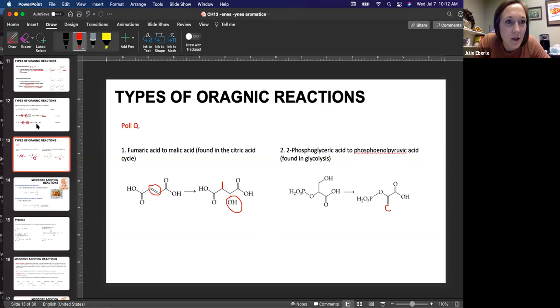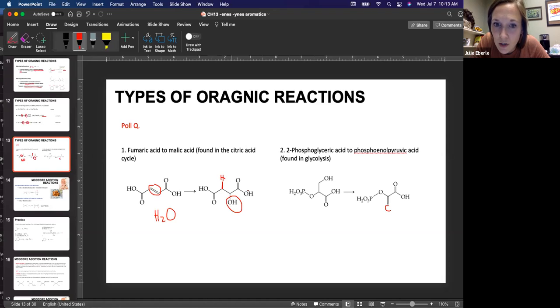Okay, so the most popular vote for number 1 is addition, and that's what's happening, okay? Water is being added. How do I know this? Well, remember on line structures, we don't show hydrogens. But it must be that a hydrogen is being added here and this OH is being added here, because if it was like a chlorine or an oxygen or a nitrogen or something, we would write that in.